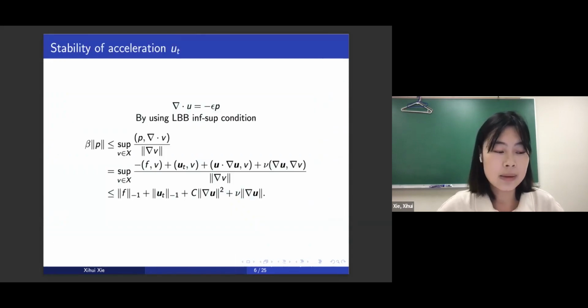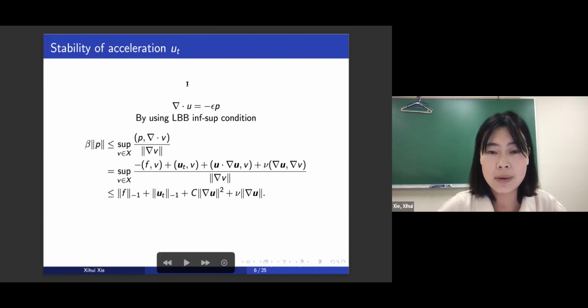But apart from studying the stability of the velocity, we also need the stability for the acceleration. And in the acceleration, this U_t term is very important. By using the penalty, we have div u equal to negative epsilon p.